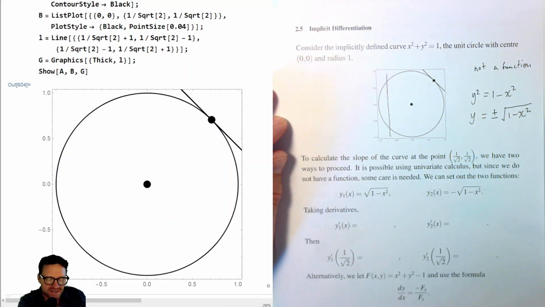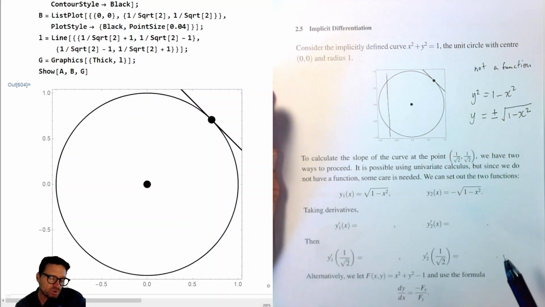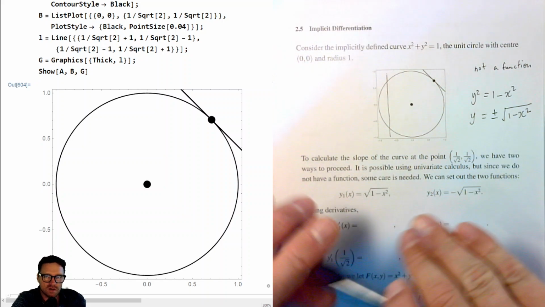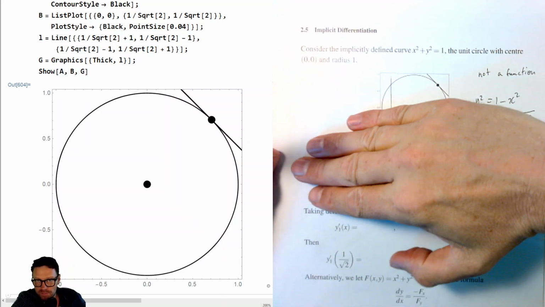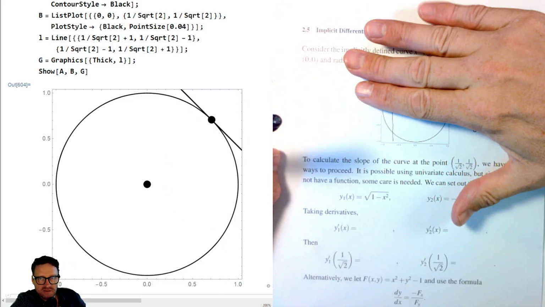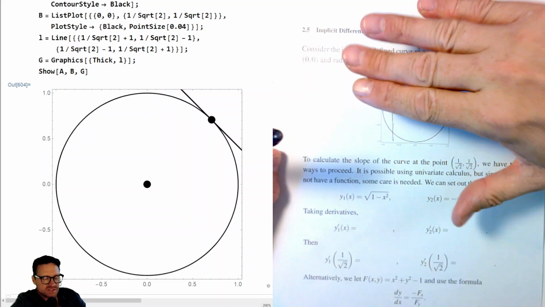Now, using ordinary methods of differentiating a function of one variable, you can solve this problem. But you've got to split this up into two functions, one where the function represents the top half and the other where the function represents the bottom half, right? So you can form two functions out of this circle.